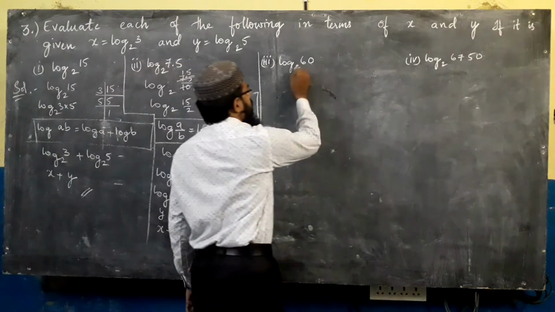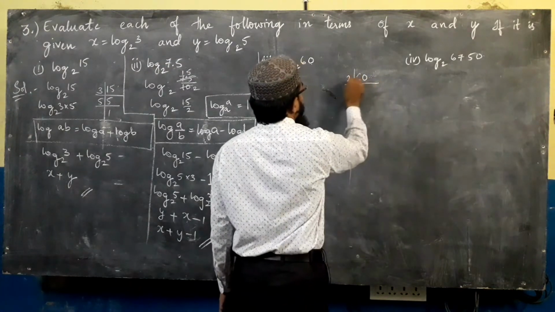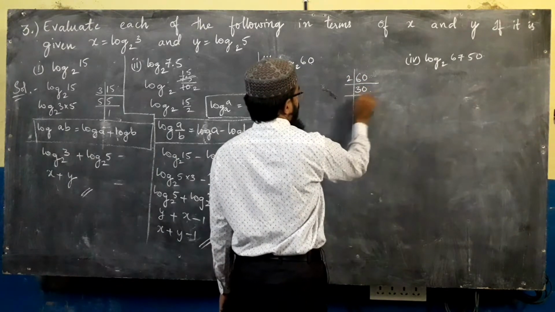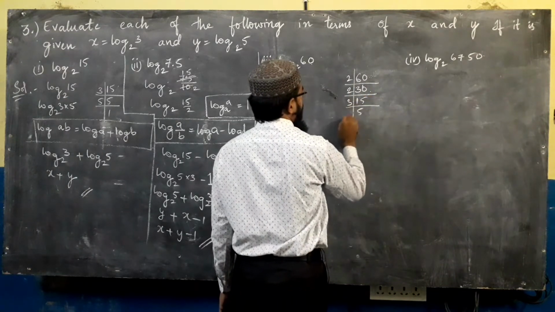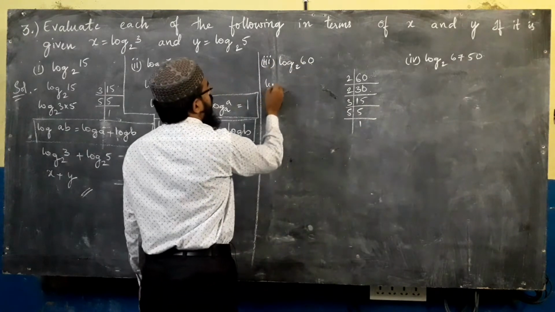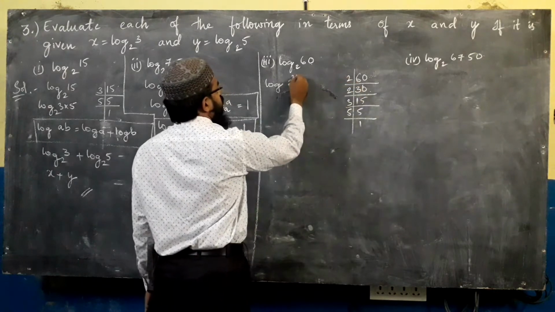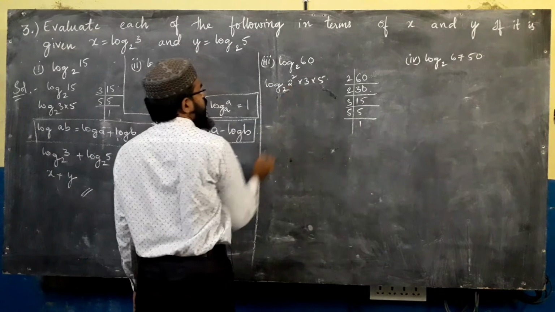Next is log 60 base 2. First of all, take out the factors of 60. 2 3s are 6, 0. 2 1s are 2, 2 5s are 10, 3 5s are 15, 5 1s are 5. So log, how many 2s are there? 2 square into 3 into 5 base 2.